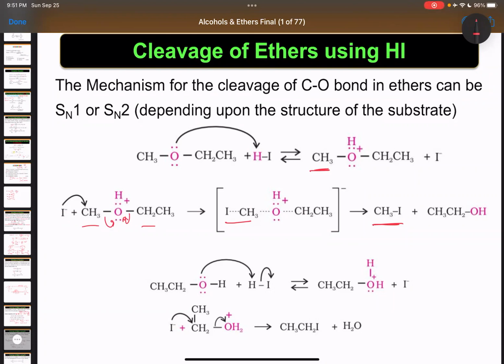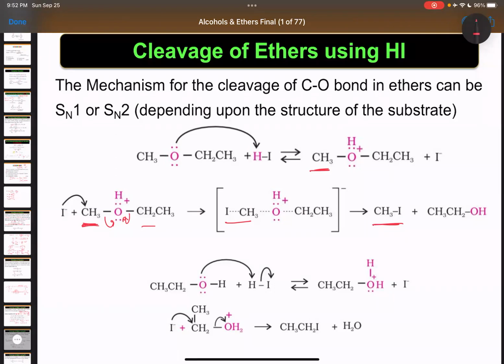Is the cation stable on any one of them? Are they tertiary? No. So they don't break on their own. I minus comes and pushes away one of the groups. Wherever there is less steric hindrance, that's the position where I minus attacks, that is, on the methyl group. Is it clear, Samira, Hanifa? Yes.